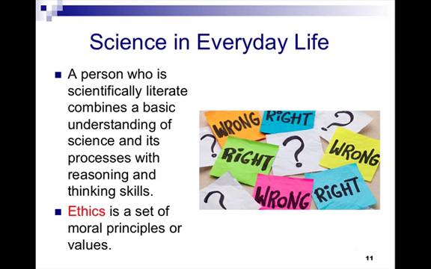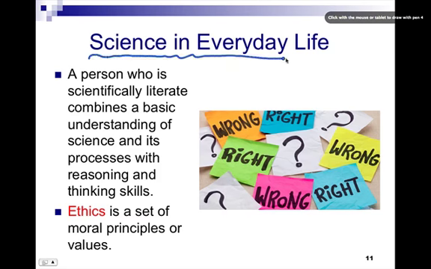And finally, science in everyday life. A person who is scientifically literate combines a basic understanding of science and its processes with reasoning and thinking skills. So we use science every day, and a lot of it is going to come when we're talking about ethics and morals and values.